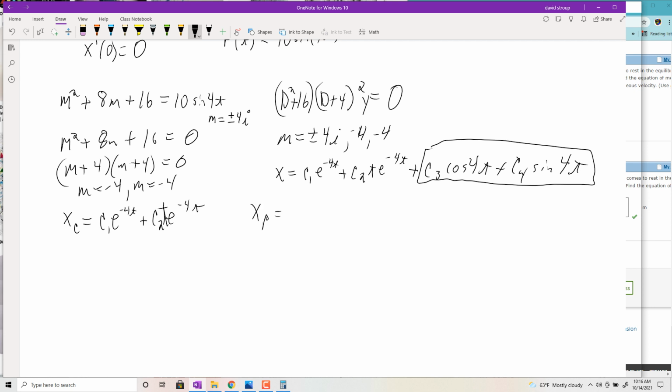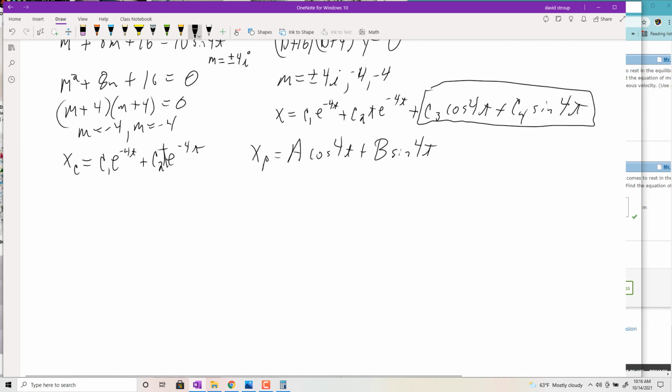So for x of p, we'll replace the constants with a and b: a cosine 4t plus b sine 4t. And then I can take derivatives of that. So I get xp prime is -4a sine 4t plus 4b cosine 4t.